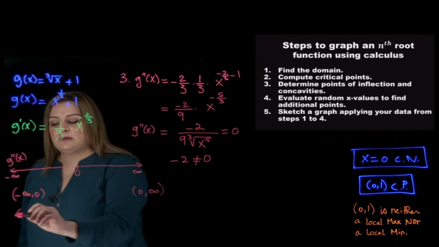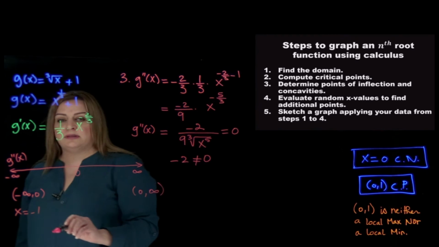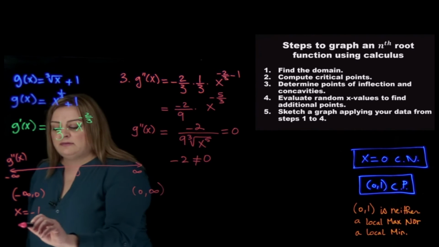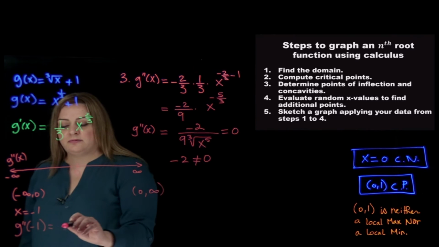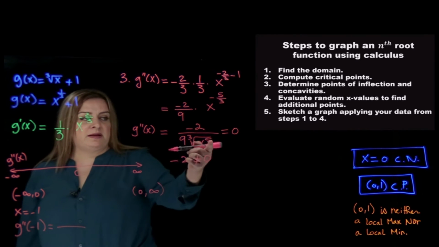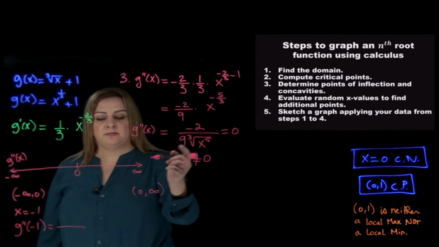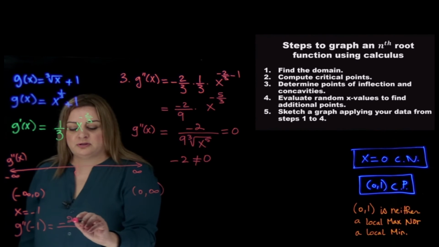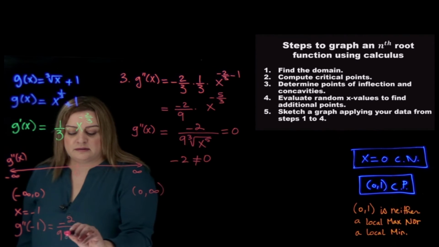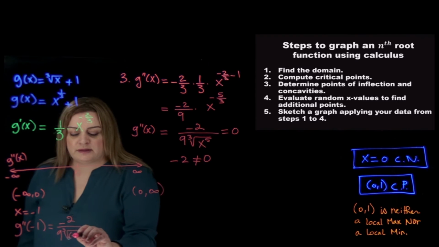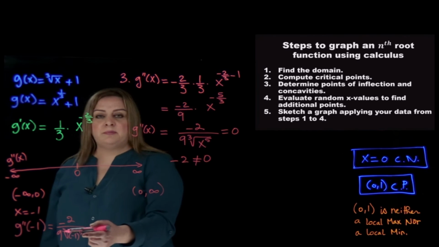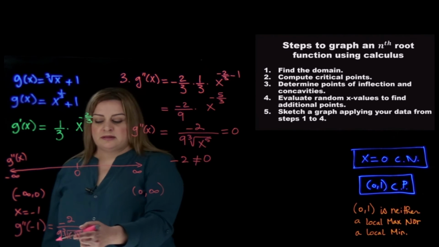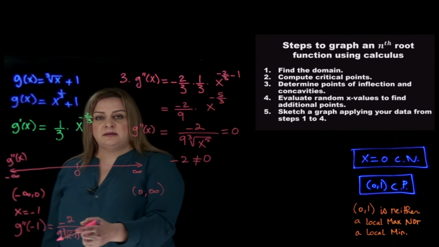If I let x equal negative 1 in this interval, negative infinity to 0, and evaluate g double prime of negative 1, so I'm evaluating at this function right here, I'm going to have negative 2 over 9 times cube root of negative 1 to the 5th power. Now I know since my power is odd, the sign will not change inside.